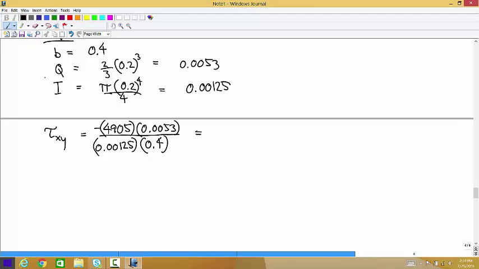And what do you get for that? 5.2 times 10 to the 4th. So the stress due to shear force, and it's negative, right? So the stress due to shear force is 0, negative 5.2 times 10 to the 4th, 0, negative 5.2 times 10 to the 4th, zeros everywhere else.